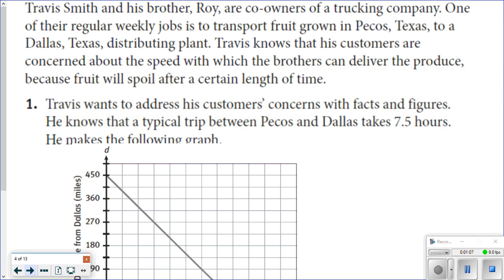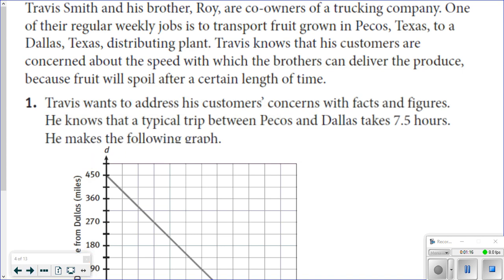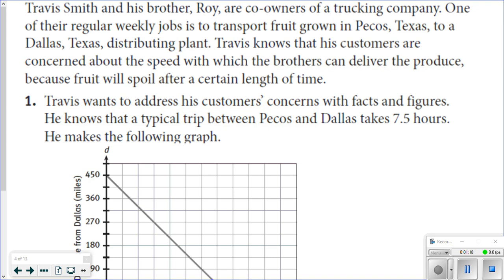So we're going from Pecos to Dallas. Before, when I was teaching, this lesson didn't mean anything to me, but now I went to Texas last summer for the first time, so it's a little bit more interesting. So let's look at this map.